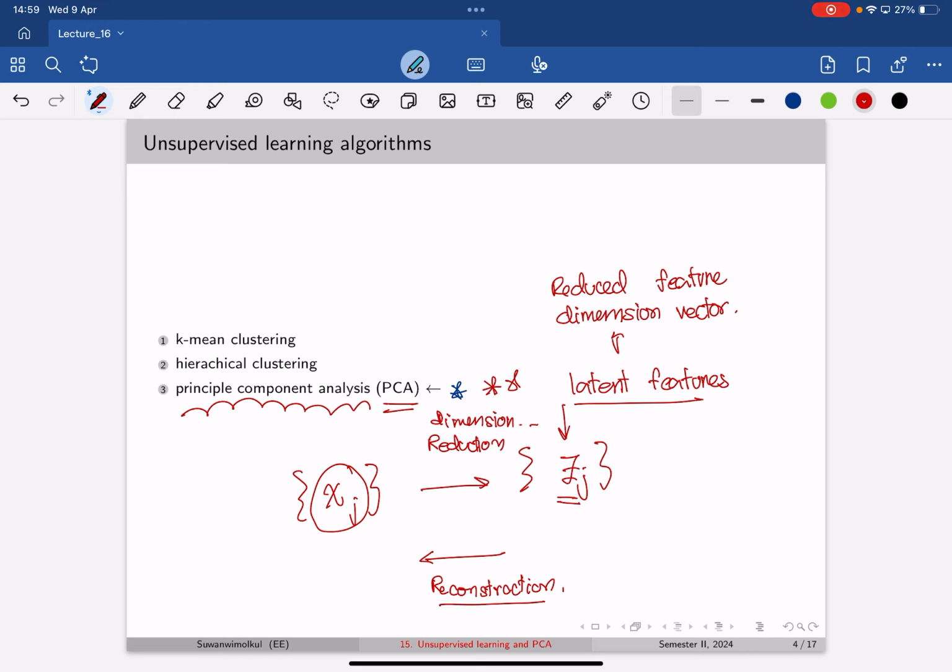If you have a picture of a person and you want to reduce that picture information, let's say your original input feature has a dimension of 3 times height times width, where 3 is RGB, right? And your latent feature may be in a size of just 100.